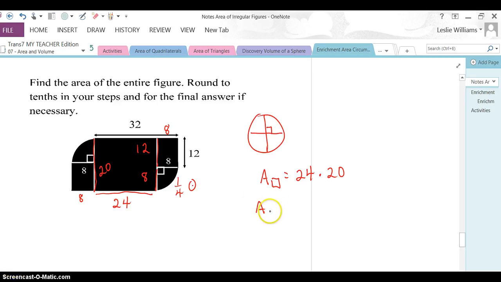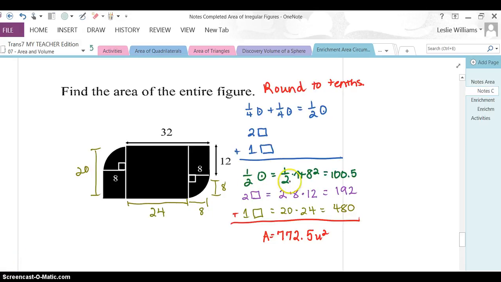Then we have 2 small rectangles that have a base and height of 8 and 12. Then we have a half of a circle. So that's going to be a half times pi times a radius of 8. So see if you can complete this problem and check back.